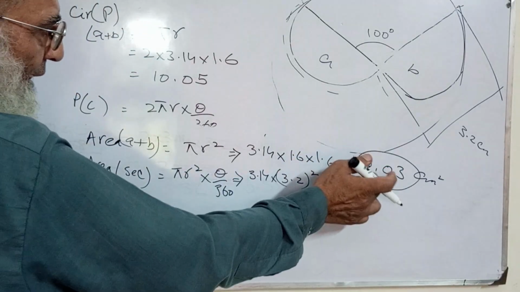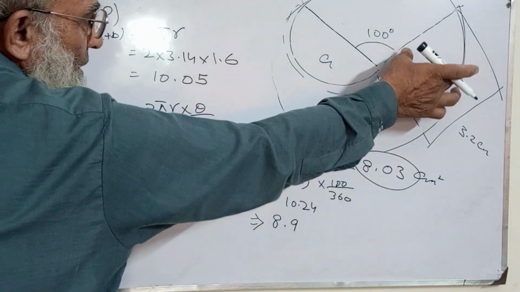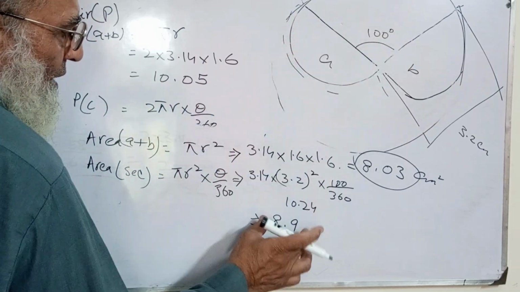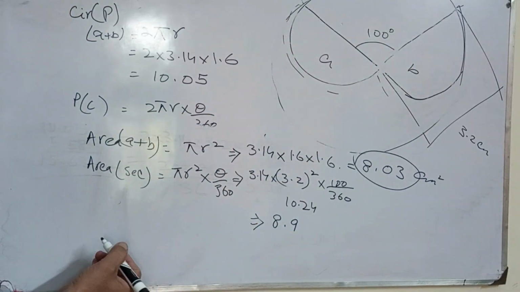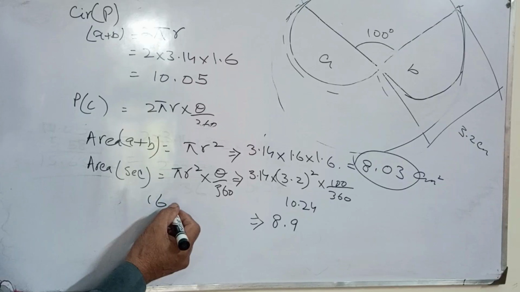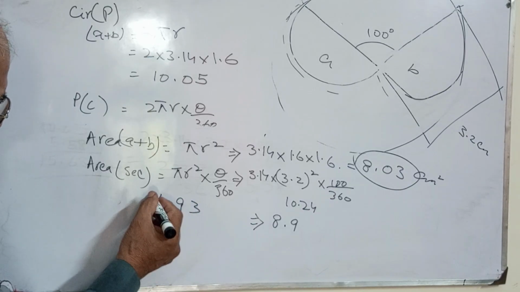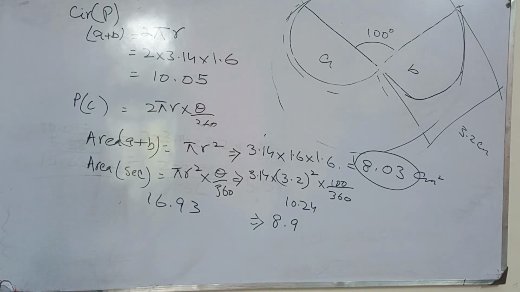Just adding this, because the area of these two and the area of this, it will become something like 16.93. So my answers are not matching with the book, I may tell you.